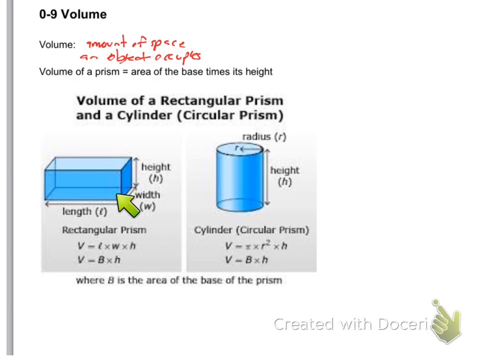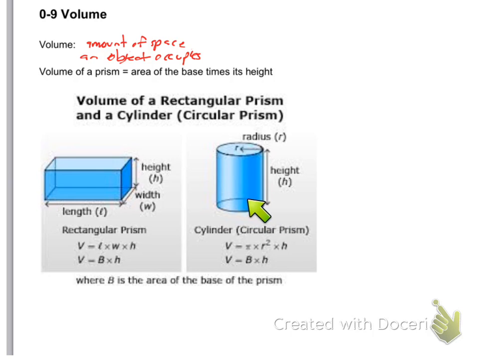And if you notice, the base of the rectangular prism is a rectangle. It doesn't matter if it's standing up, laying down, or on one of its sides, it'll always be a rectangle on the bottom. If you can find the area of that rectangle and then multiply it by how tall it's coming off of the table, you have its volume. And the same thing applies for this one.